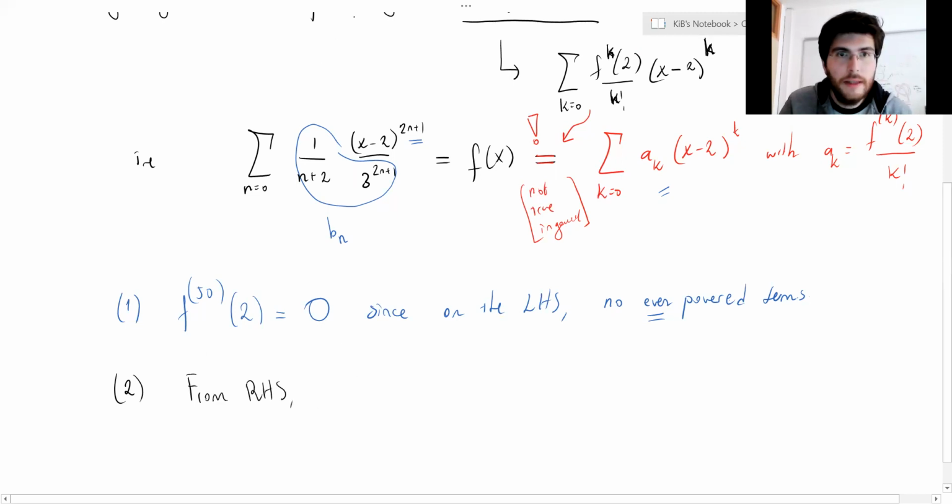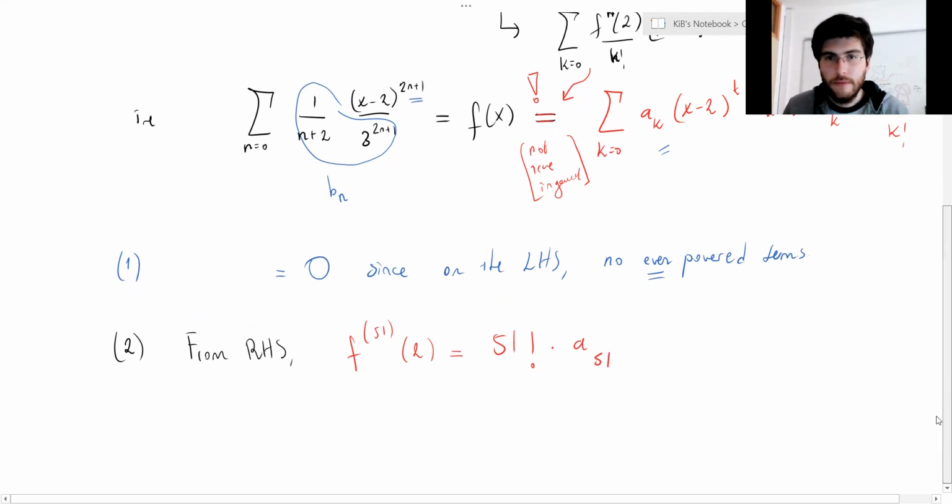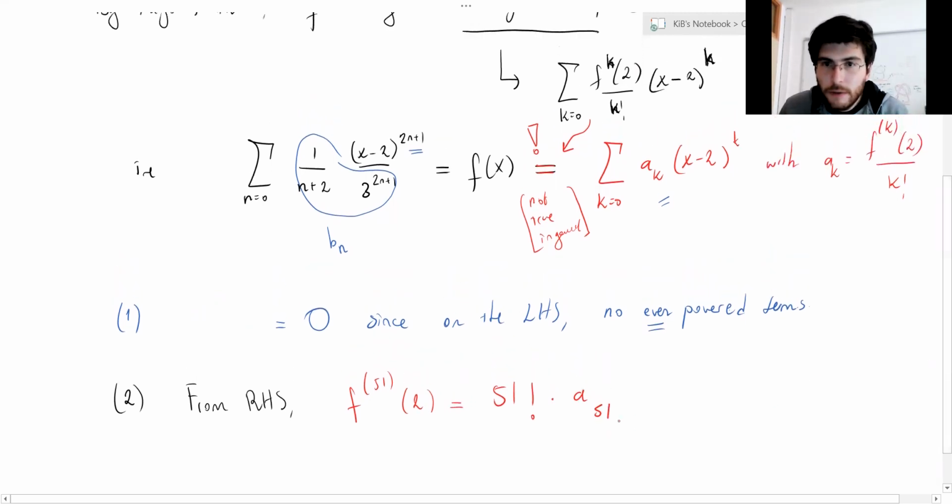We automatically see that this red part, the derivative of that order evaluated at 2, can be given by 51 factorial times a51. So a51 is exactly the coefficient of which term? (x minus 2) to the 51.